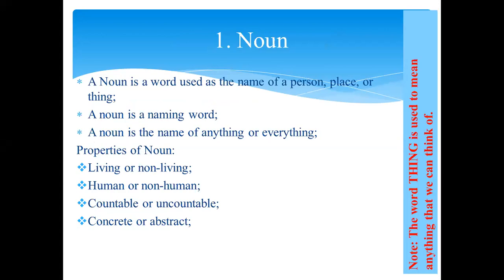We can see the table, and the table has weight, has mass, has to occupy space as well, and it has a particular firm, solid body, and we can touch the table. It can be made up of plastic or iron or any other material like wood. But the important thing is it can be touched easily. So it falls in the category of concrete noun.